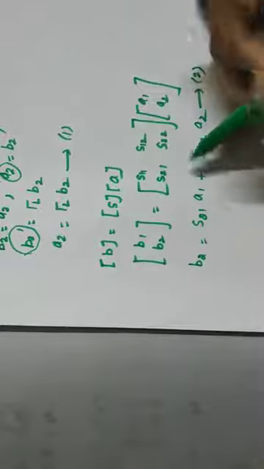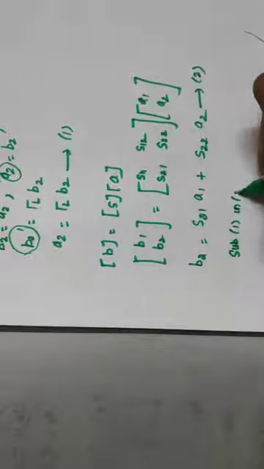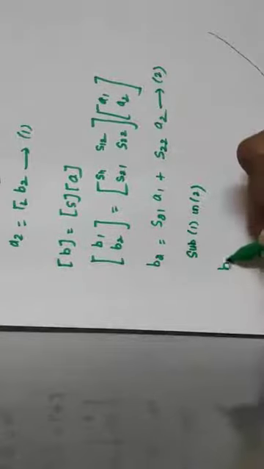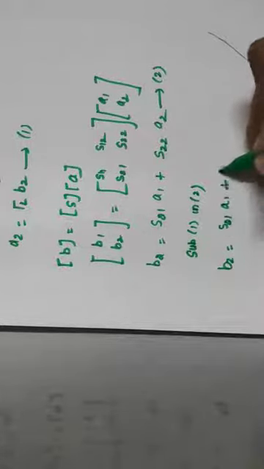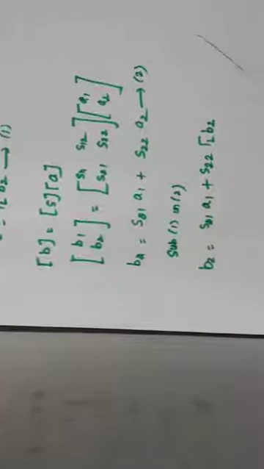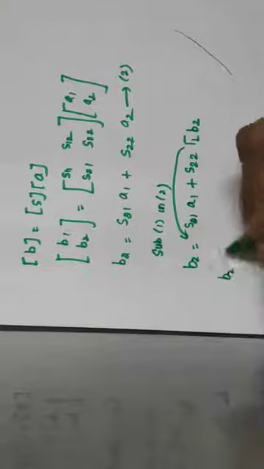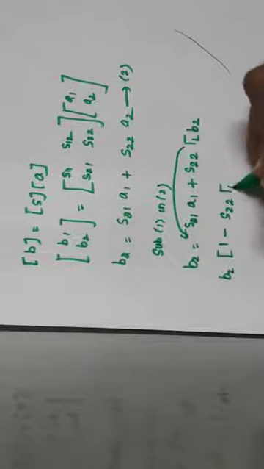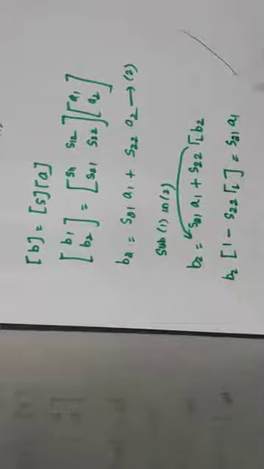Now let us substitute 1 into 2. So this becomes B2 is equal to S21 A1 plus S22 Γ_L into B2. Now bring all B2 terms one side. So this becomes B2 into (1 minus S22 Γ_L) is equal to S21 A1.